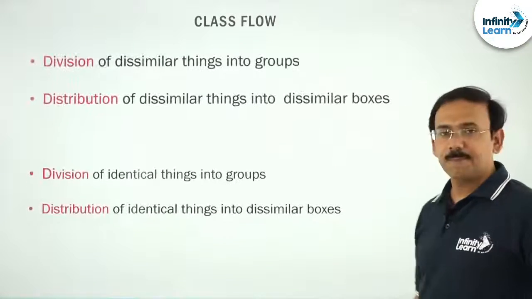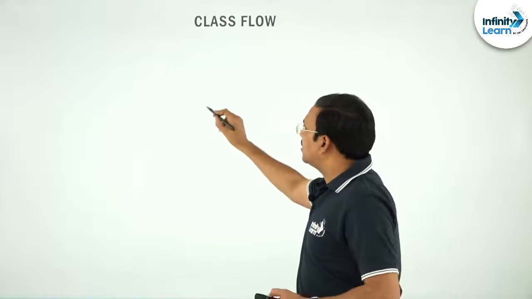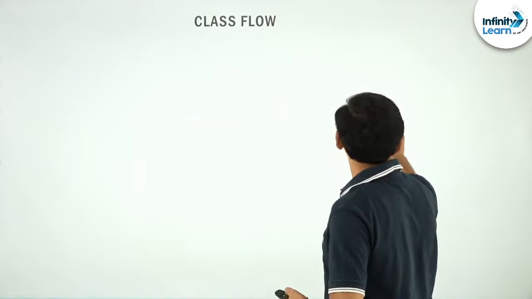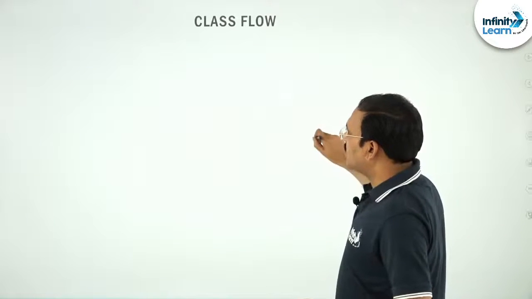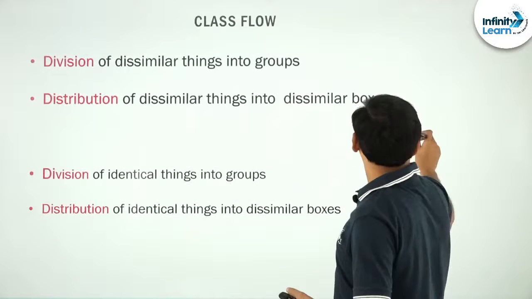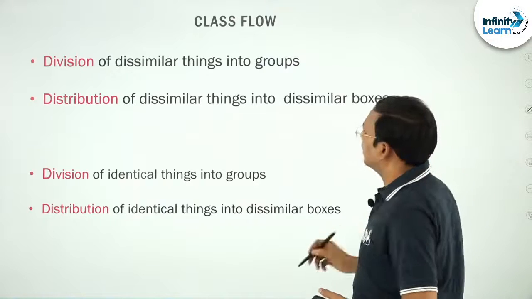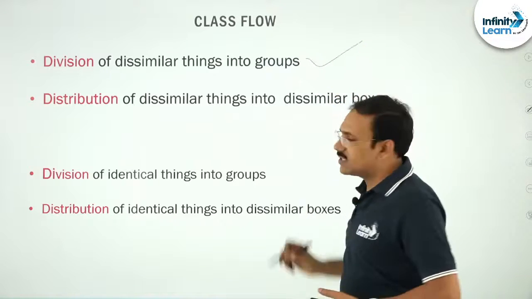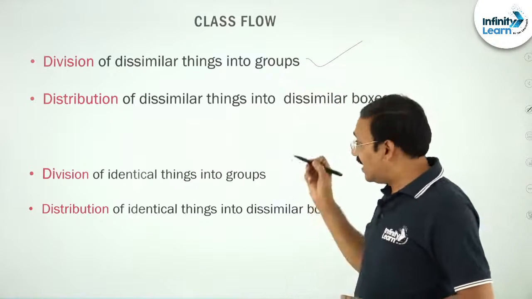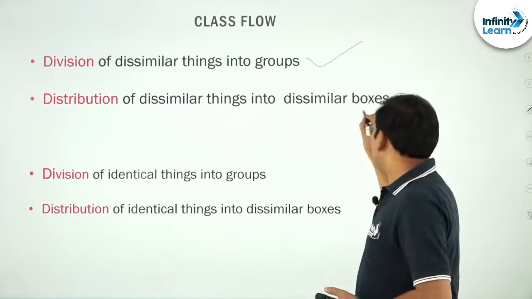Fine dear friends, what are the things we are going to see in this class? Division of dissimilar things into groups, and at the same time distribution of dissimilar things into boxes.